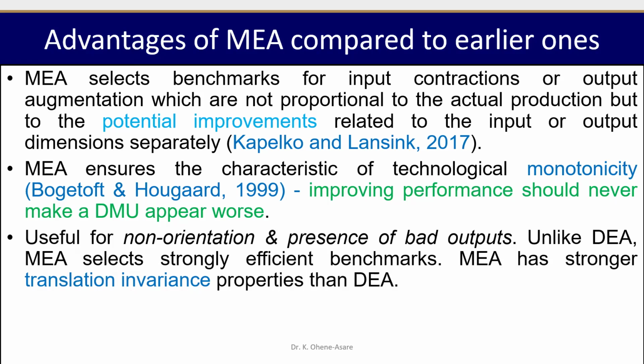MEA has stronger translation invariance properties. We know this already. You should read about it if you don't understand it. But if you don't understand the strongly efficient benchmark and the weakly efficient benchmark, you can raise your hand. MEA is good. It will give you the strong target, which is what you need, not a weak target.